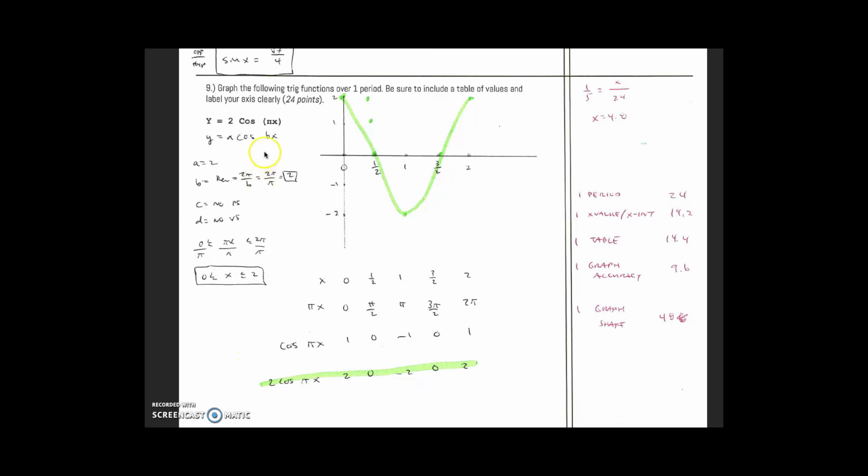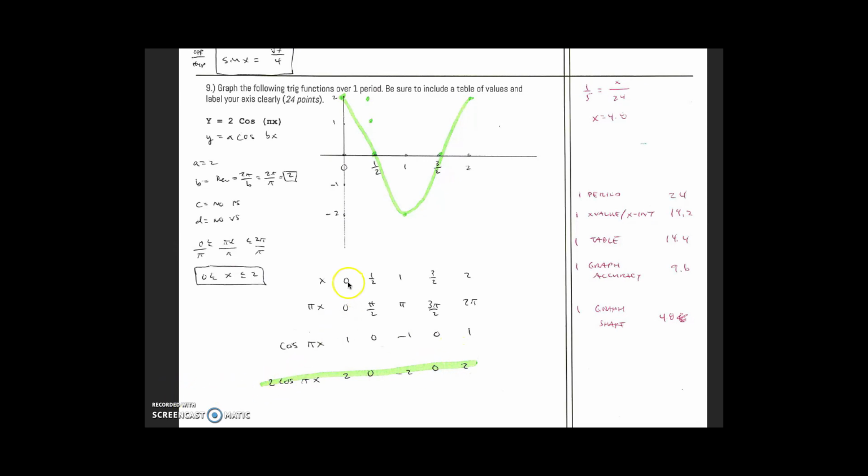And then the last thing I need to do is multiply by 2. So think about PEMDAS. We did what's in the parentheses, and then you have the 2. Another neat way to think about it is you're basically working from right to left. If I multiply these values by 2, this is the amplitude, 2, 0, negative 2, 0, and 2.